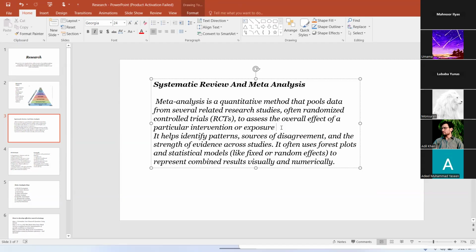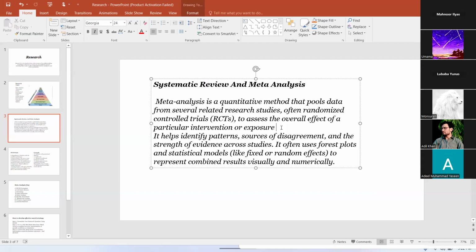Let's say an RCT conducted in China says metformin is good for diabetes, so Chinese people are using metformin. Another study is conducted in Pakistan, and the results of the Pakistani study are that metformin isn't decreasing the glycemic percentage by that much, and it has several adverse effects. So we may not be using metformin. But it's not like this.